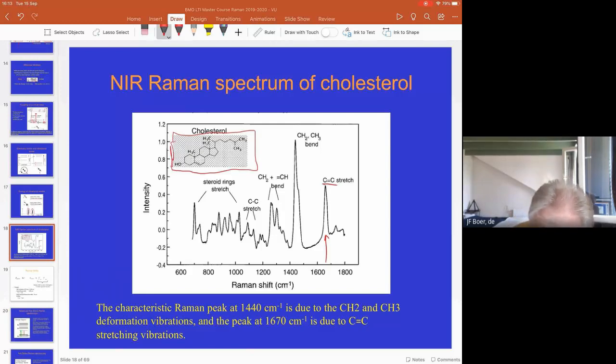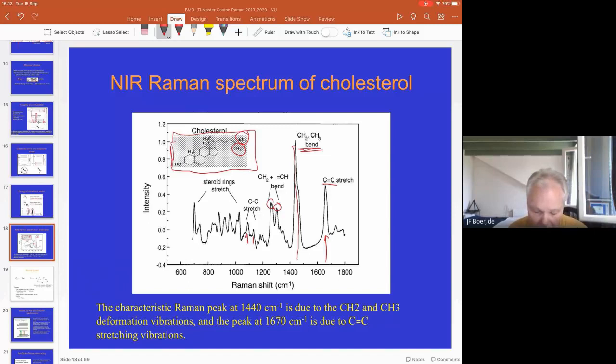Here we have the CH2 and CH3 bend mode. Here we have a CH3, here the CH2, and this is, I think, the CH3. That whole complex can wave at the end of the molecule back and forth like a bending motion, so this is a bending vibration. And here we have two more bending vibrations, and two C single bond C stretch modes.